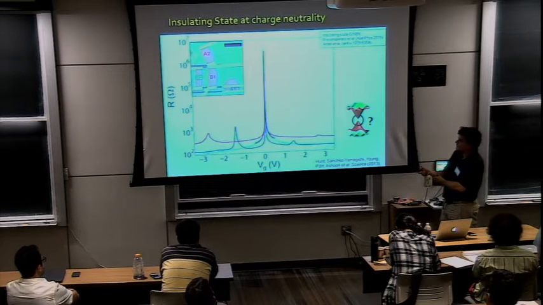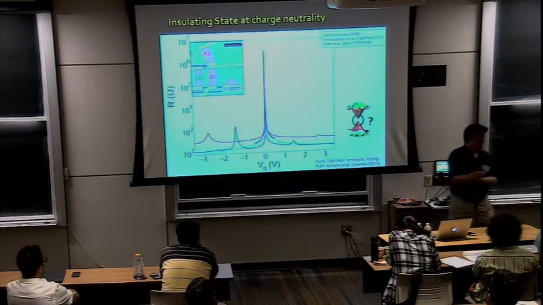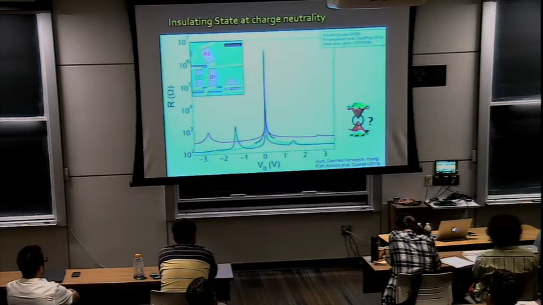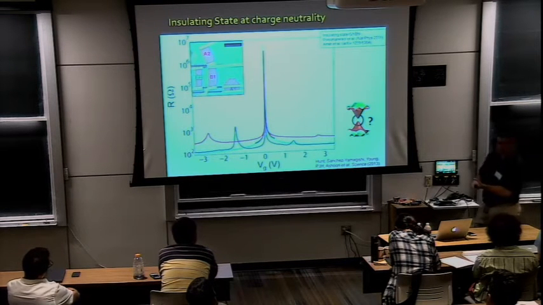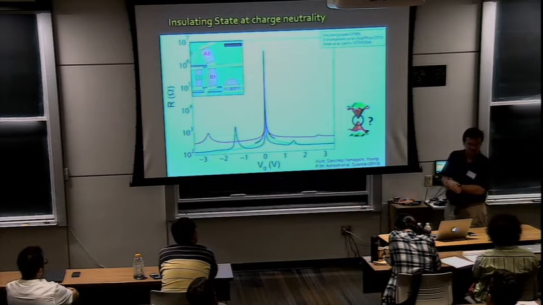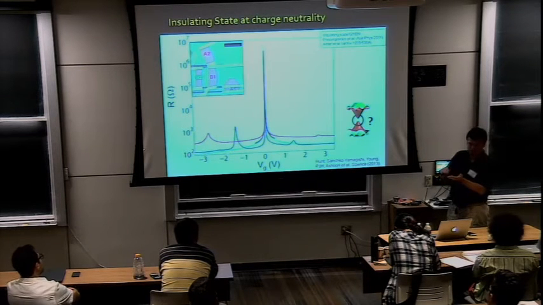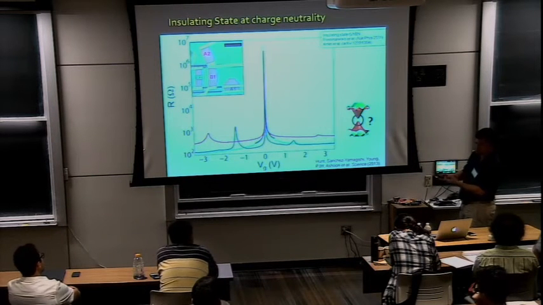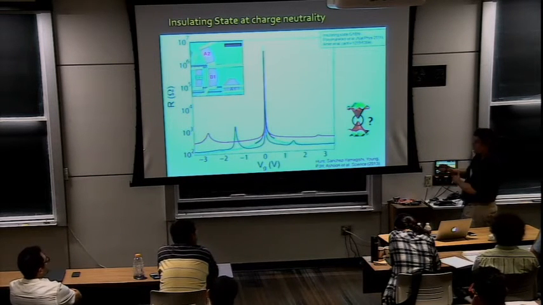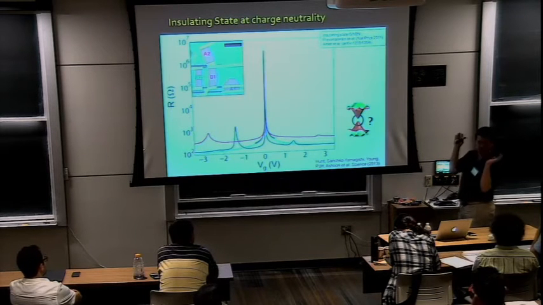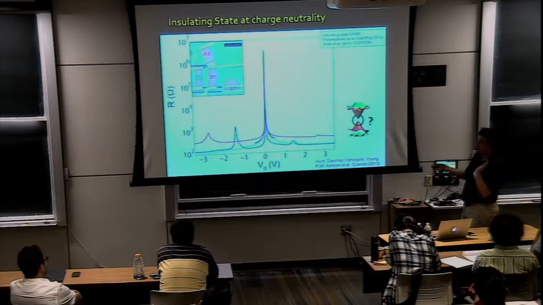These things have resistance orders of magnitude larger near charge neutrality than what you see in the best graphene, okay? And if you have pure quality graphene, it conducts even more. So how high this peak goes in usual graphene tells you about the quality. This thing was just orders of magnitude off, to the point that it was insulating.